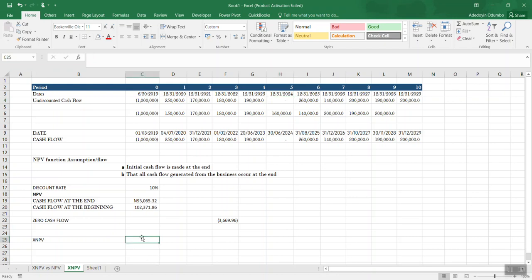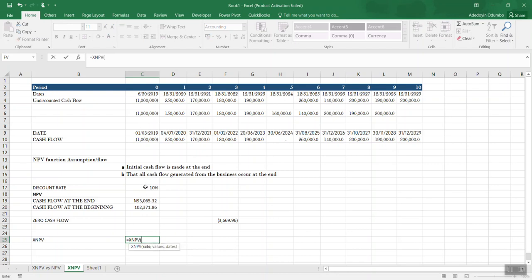Also, when we have a series of cash flows that occur at irregular periods of time, that is, they do not all occur at the end of the period, we are going to use the XNPV. We apply the XNPV by typing equals XNPV.